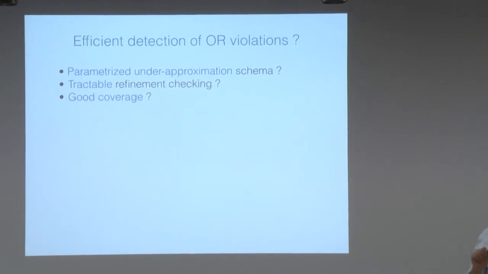But this scheme has to be parameterized, in the sense that you can increase the precision if you want. Of course, we also want this scheme to lead to a tractable refinement checking method. And it also has to be efficient in terms of coverage. It has to be able to find most of the bugs with small bounds and low complexity. Okay, so that's the objective.